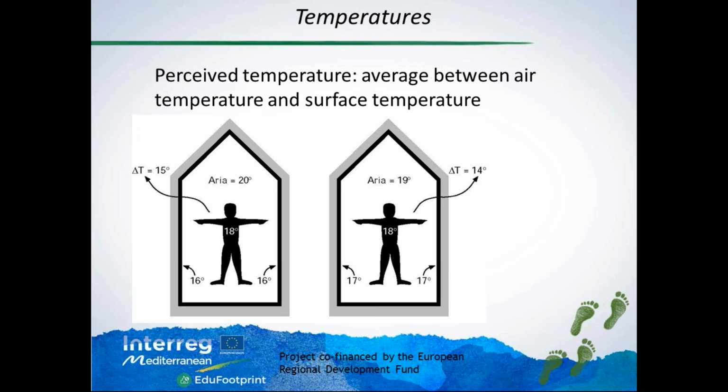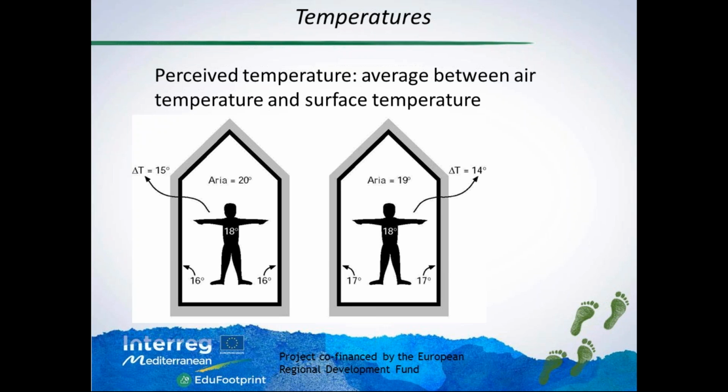So the perceived temperature is influenced by other factors, as for example the speed of the air, as said before, but it is mainly an average between the temperature of the surface of the inner wall and the temperature of the air.